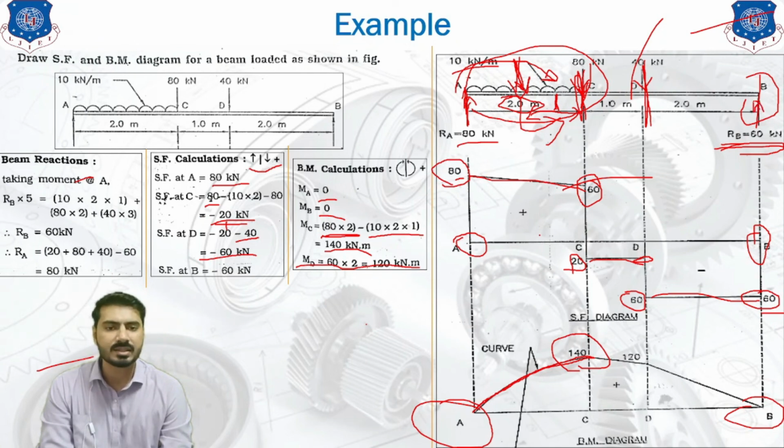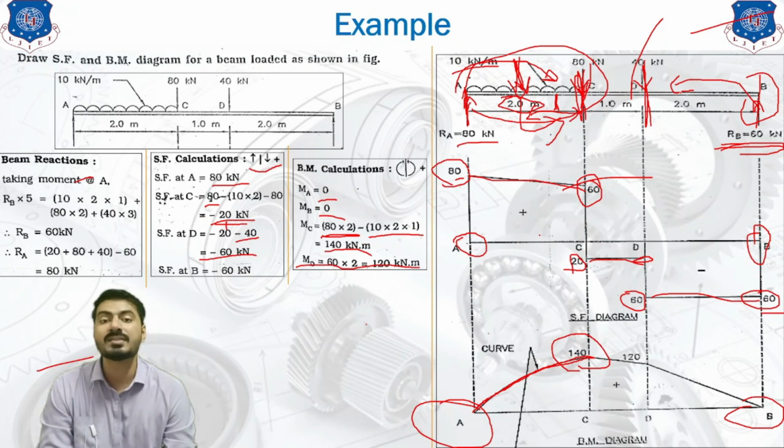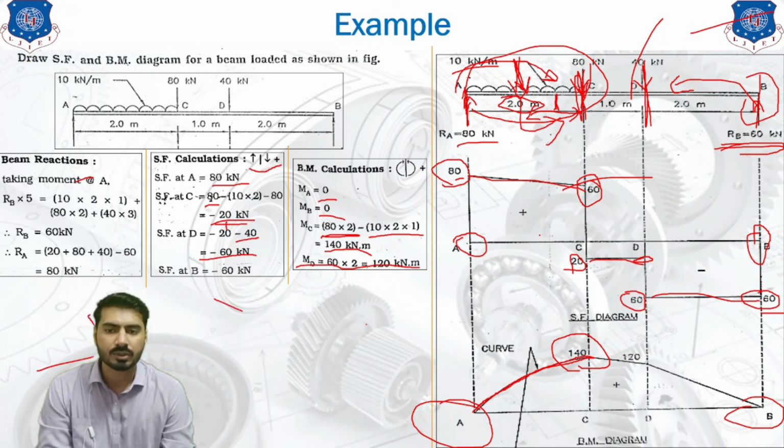And this 60 kilonewton is going to give us an anti-clockwise moment. But according to our sign convention, on the right hand side anti-clockwise moment is positive. So 60 into total distance 2 will give us the answer of 120 kilonewton meter. So this is how our total answer of point D is represented.